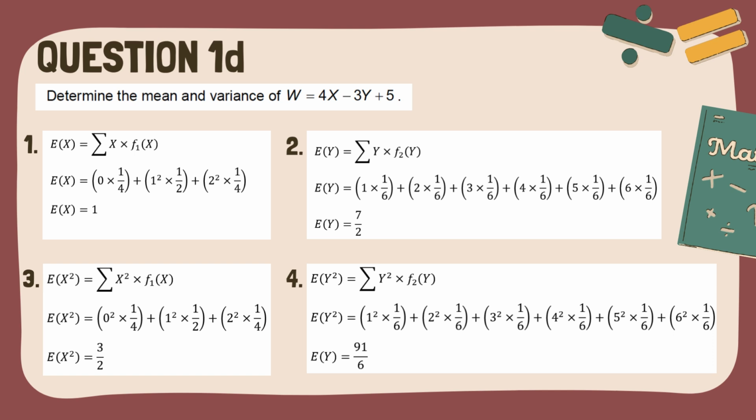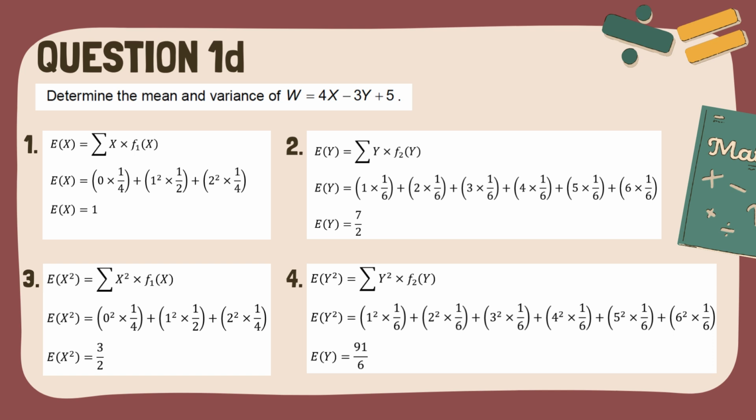The next question is question 1D. Determine the mean and variance of W equals 4X minus 3Y plus 5. The first step is to find the mean. To calculate the expected value of X, we multiply each value of X by its probability, then add them together. The values of X are 0, 1 and 2, and their probabilities are 1/4, 1/2, and 1/4.